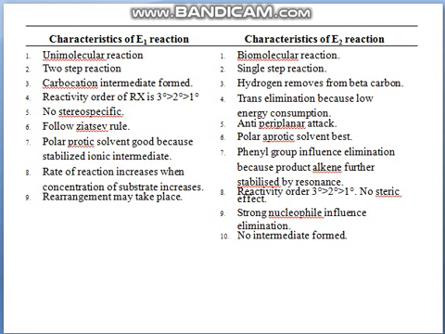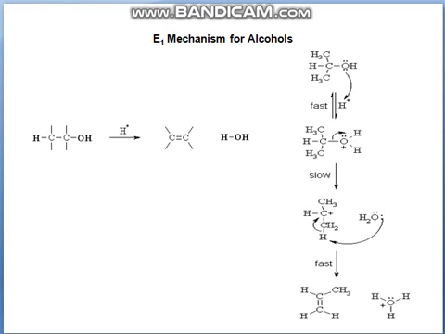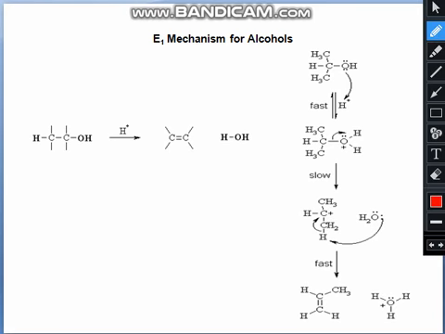Next is the E1 reaction mechanism for alcohol. This is the basic step. The first step in this is an acid-base reaction, meaning protonation of the alcoholic oxygen to make a better leaving group. This step is very fast and reversible. The lone pair of the oxygen makes it a Lewis base. We can see this.